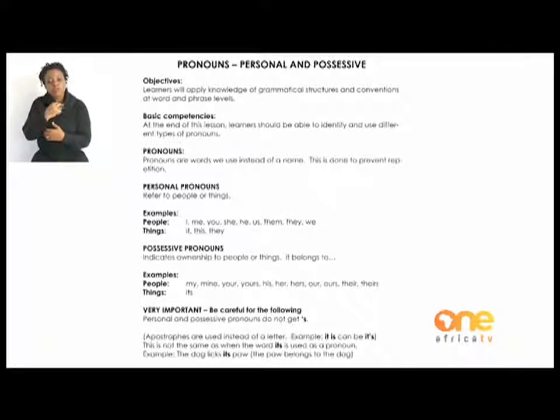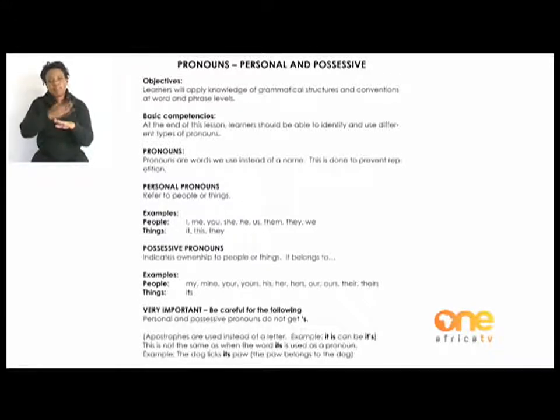Now, we are going to look at the different types of pronouns that we have. We have a personal pronoun and a possessive pronoun. When we talk about personal pronouns, we are simply referring to people or things, okay? Now, we use a pronoun to replace a noun.